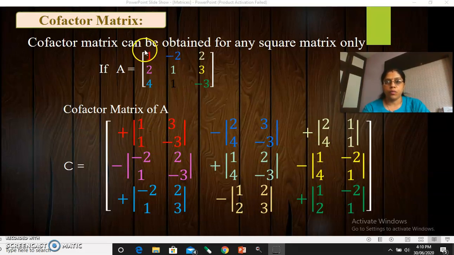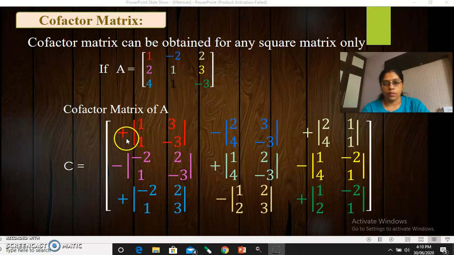To find the cofactor of the first element 1, you just have to hide the corresponding row and corresponding column of that particular element. So for this first element, the first row and first column get eliminated. The remaining 4 elements you write into a 2 by 2 determinant: 1 3, 1 minus 3, without shuffling them.